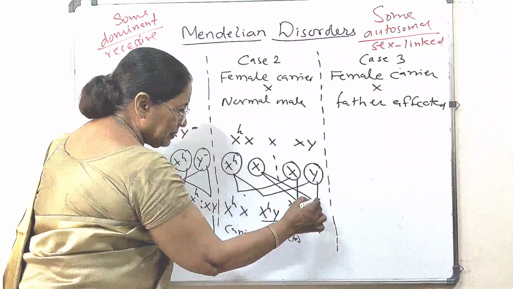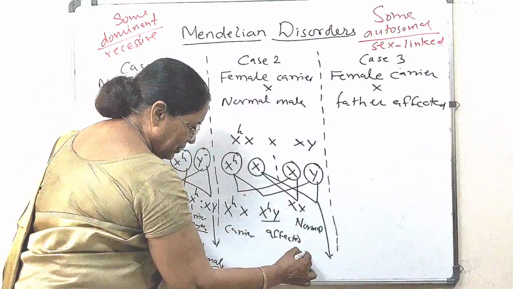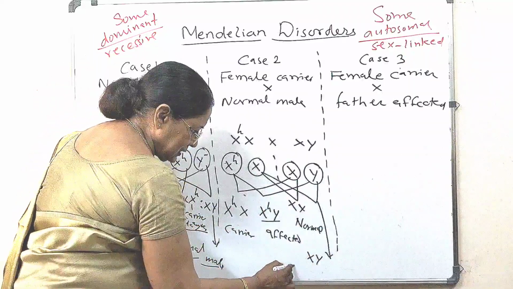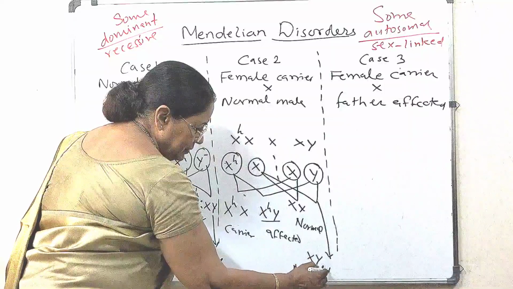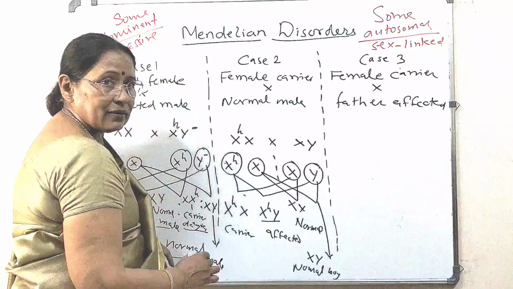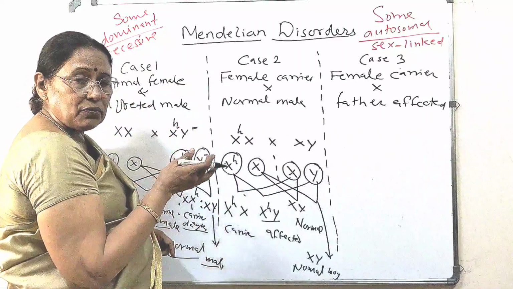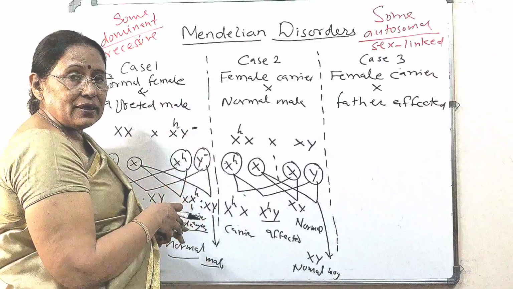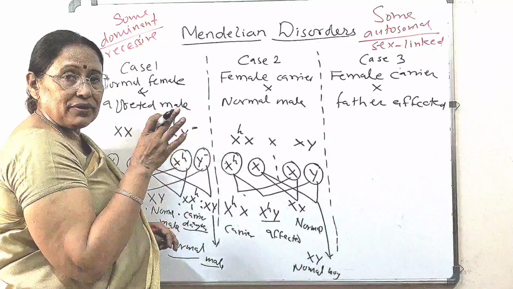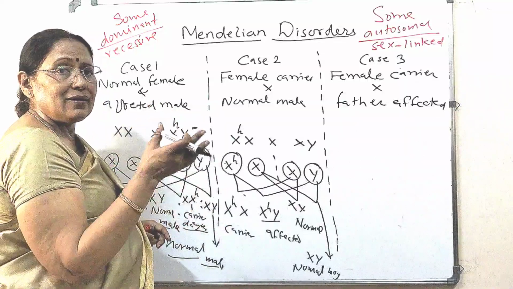And the last one is XY, which means a normal male child, a normal boy. Again the questions can be how many were normal, what percentage of boys were normal and affected, what percentage were carrier girls and normal girls, like that.